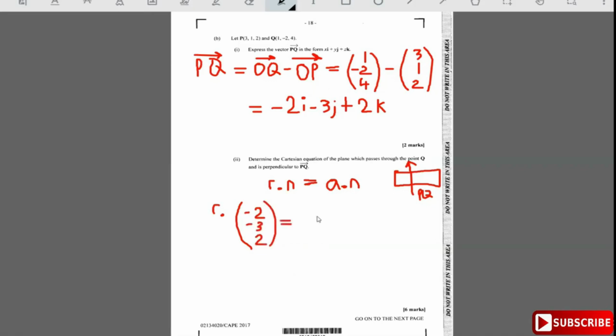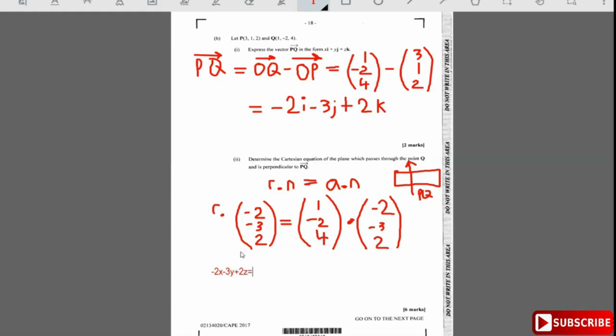A is the point Q, and Q is 1, minus 2, 4. So you have 1, minus 2, 4, dot n, and n is again minus 2, minus 3, 2. And so working this out, r dot n works out to be minus 2x minus 3y plus 2z.